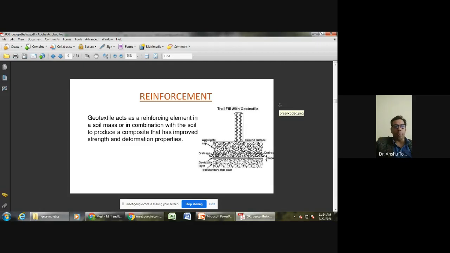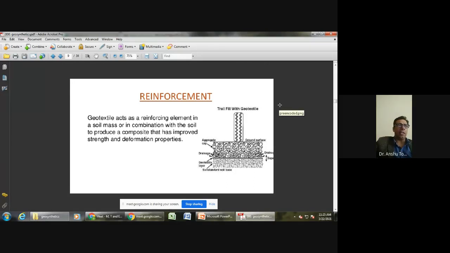So what used to be done was that beneath the asphalt layer, we used to provide a geotextile layer so that there is an even distribution of the stress and the asphalt also retains its place for a longer duration of time, so that the durability of that particular pavement is retained for a longer duration.